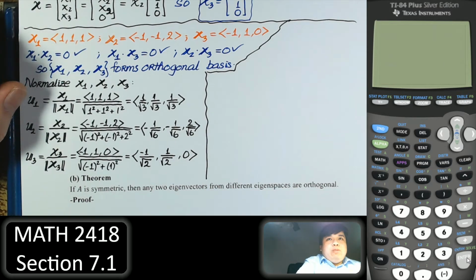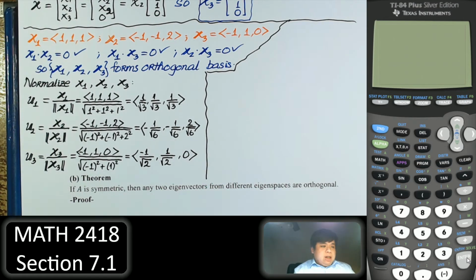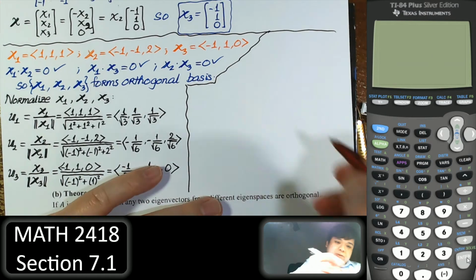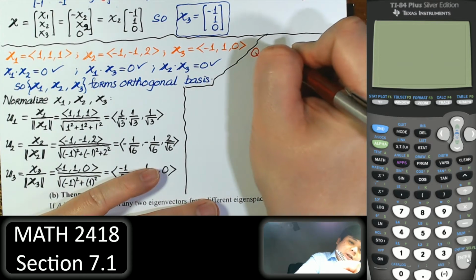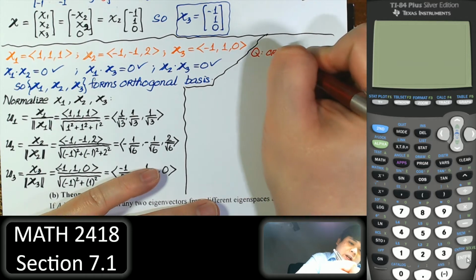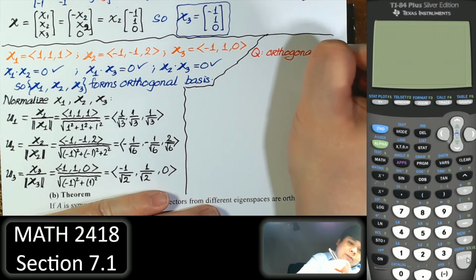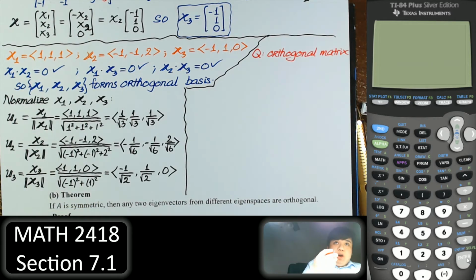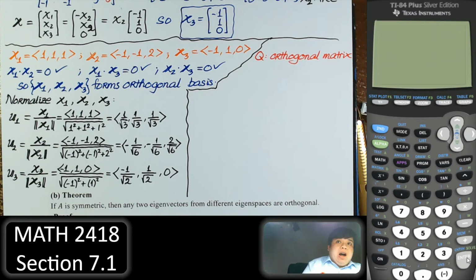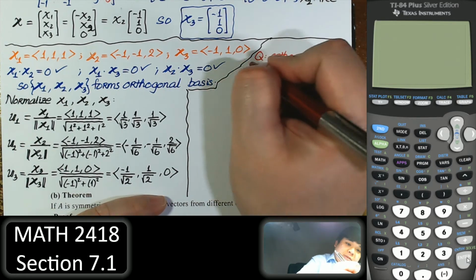Now, what's so special about that? Now recall that if Q is an orthogonal matrix, by the way, even though we call it an orthogonal matrix, we actually mean it is the matrix whose columns are orthonormal vectors.